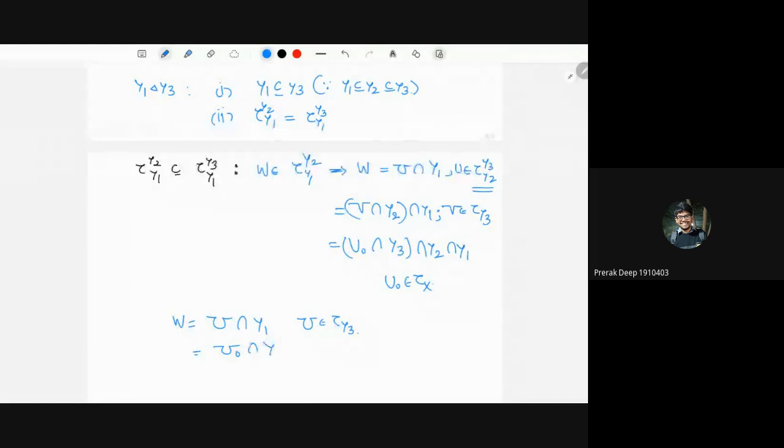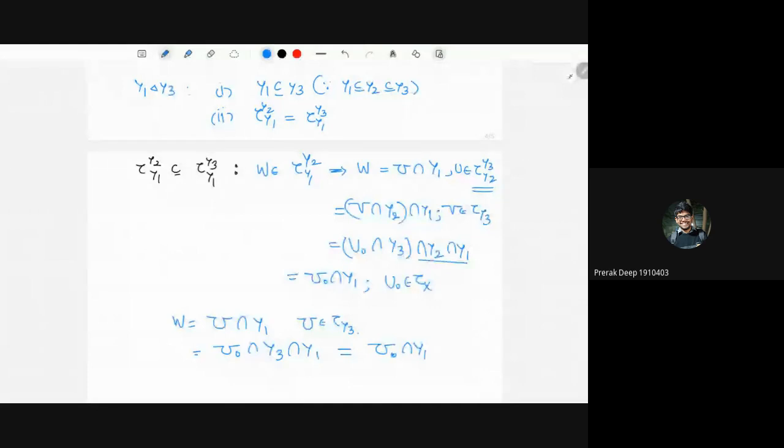And which will be just nothing but U naught intersection with Y1, correct? Because look at this, Y1 is the smallest subset in this. In the end, you will get U naught intersection with Y1. So that is what we are getting over here.